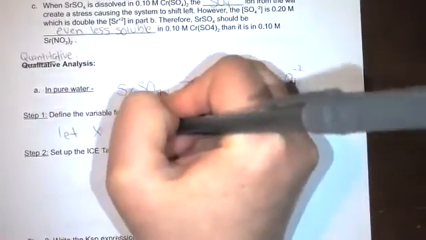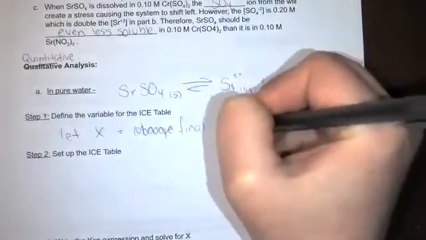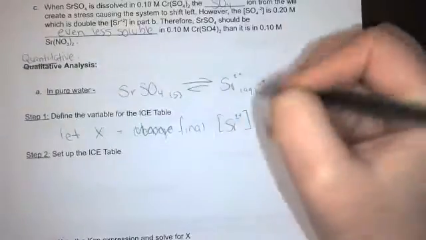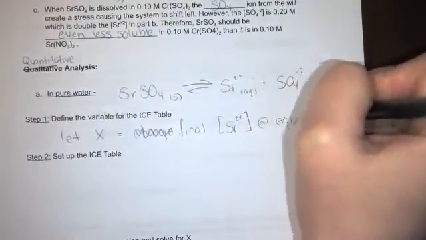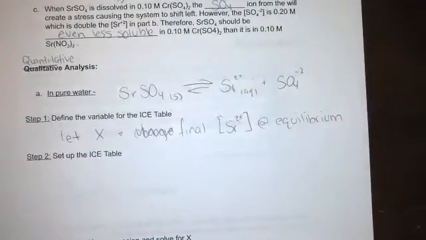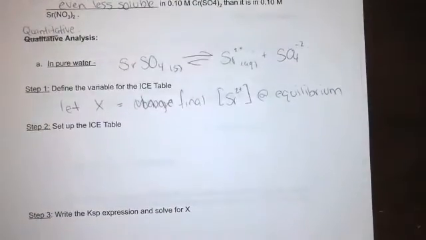I am going to say I will let X be equal to our final amount of strontium concentration at equilibrium. Now, I have set up an ice table here, but just like before, we don't need an ice table.